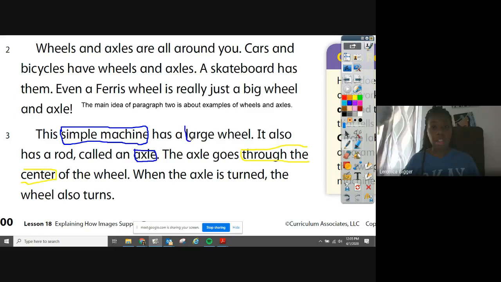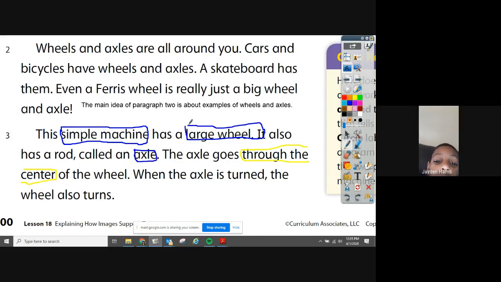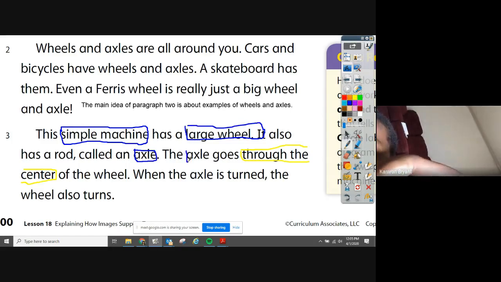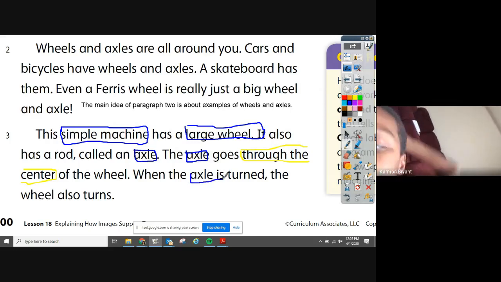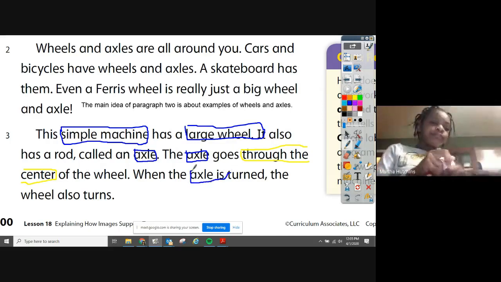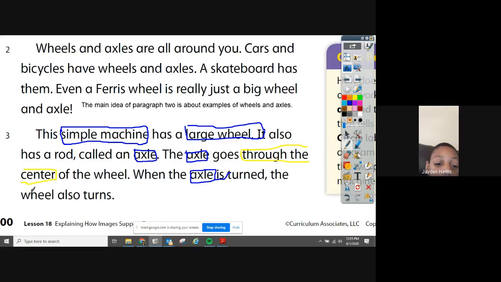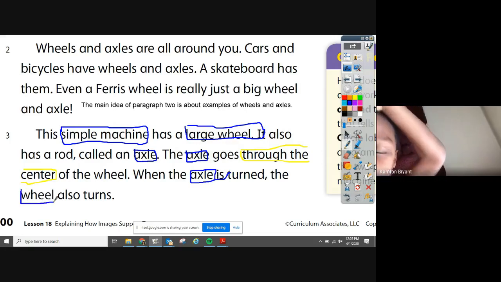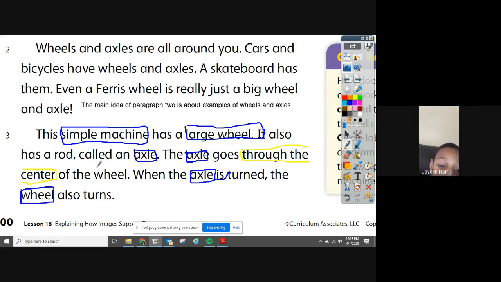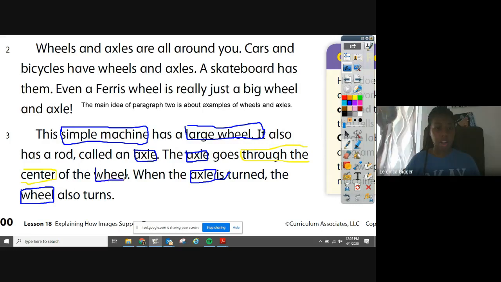A large wheel at that, right? Large wheel. Okay. And just a normal wheel. It's 2 more axles. And 1 more wheel. 2 more wheels. Wheel right there. All right.